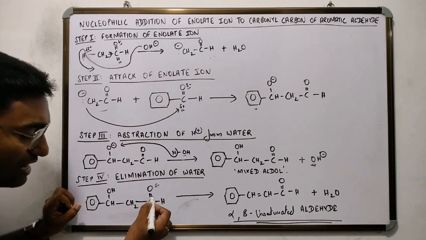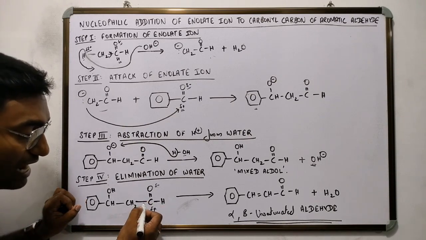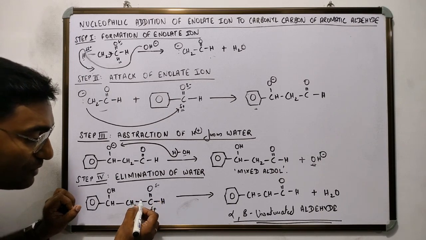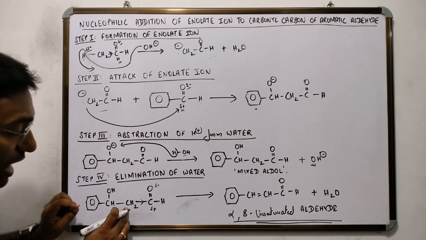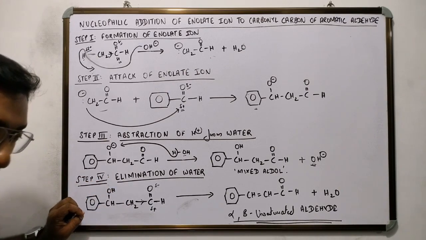The positively charged carbon is electronegative in nature. It pulls electron towards itself from the adjacent carbon atom, and in turn the adjacent carbon atom, which is the alpha carbon atom, pulls electron from the alpha hydrogen atoms.